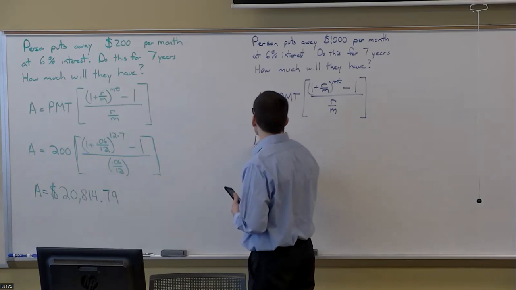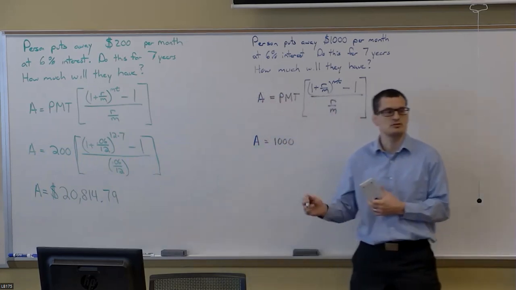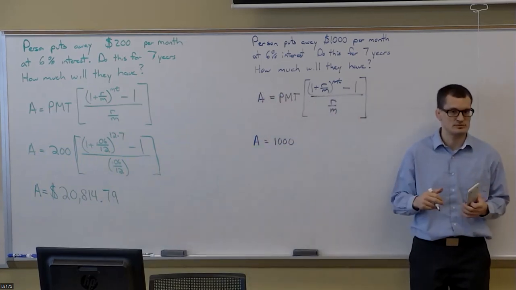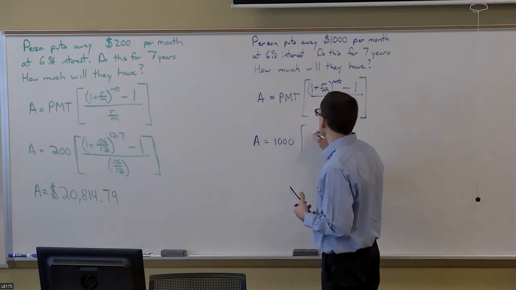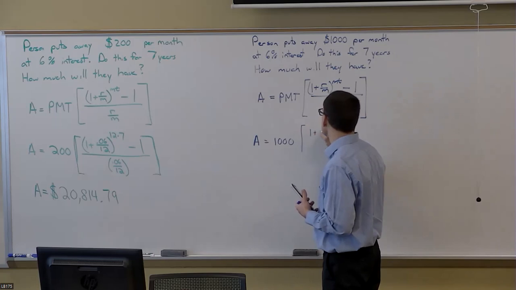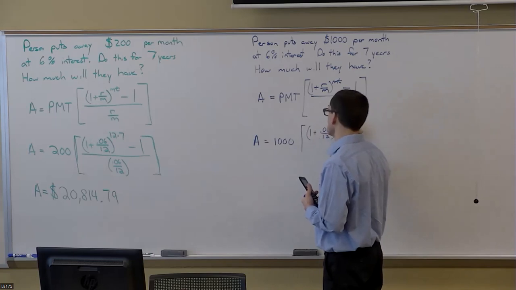If we increase our payments by a factor of 5, so from 200 to 1,000 is 5 times as much, right? But we still are going to earn 6% interest monthly for 7 years. Again, 12 times 7 is 84.